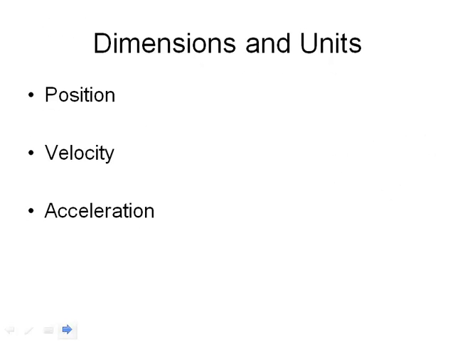All right, so let's talk about the dimensions or the units. Position is defined as having dimensions of length. So in the English system, this might be in feet. In the metric system, this would be in meters. Velocity, on the other hand, if we go back to the definition of velocity, is the derivative of position with respect to time. dx is a change in position, and a change in position is going to have dimensions of length.